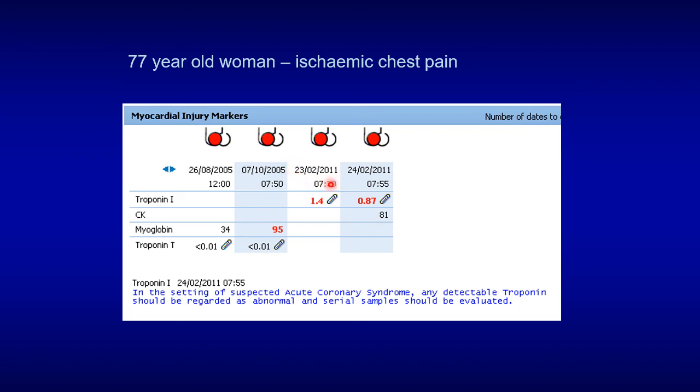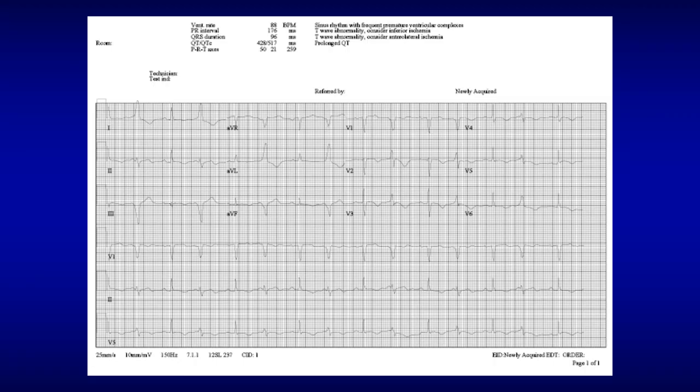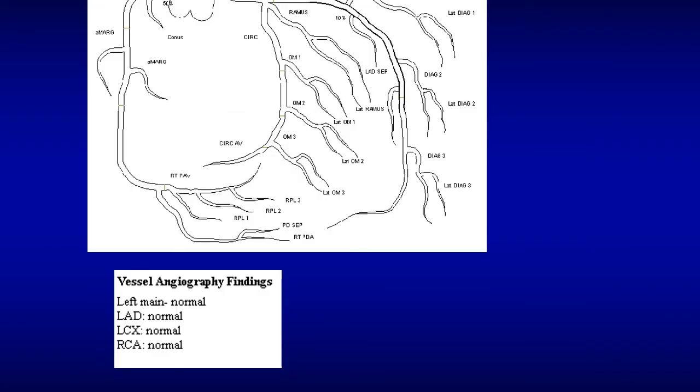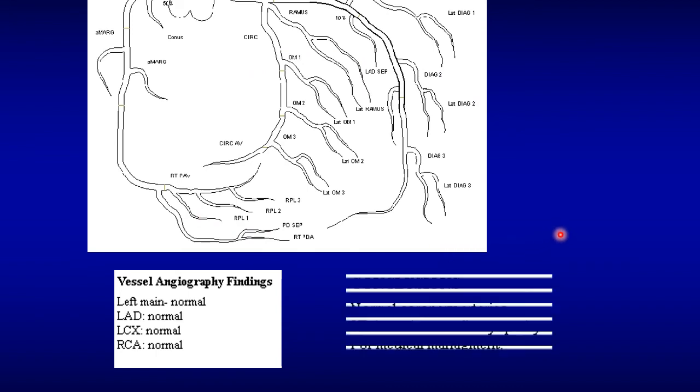But note the date, 23rd of February 2011, which was a very significant date in the history of Christchurch. And there were significant and very widespread ischemic ECG changes. Coronary angiography, however, was essentially normal.